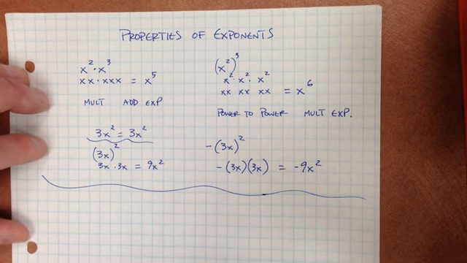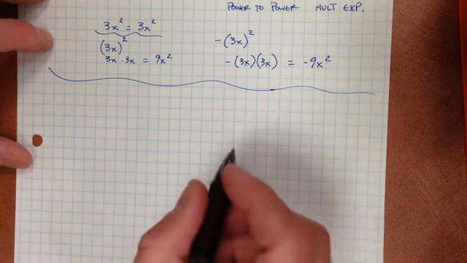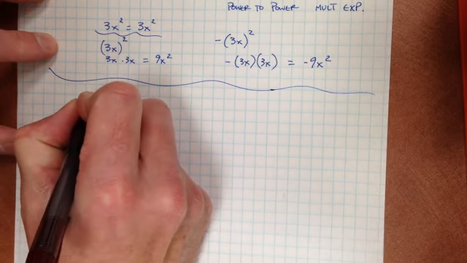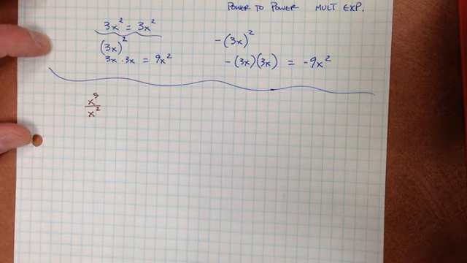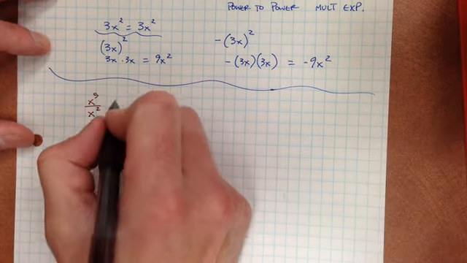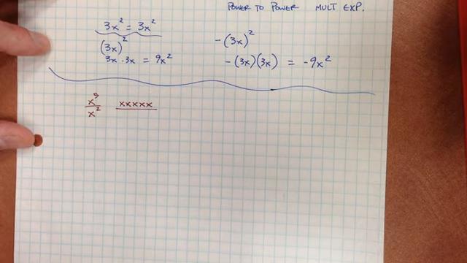Now let's take a look at some division. Saying we have, let's say, x to the fifth over x squared. Well, your top, your numerator, your denominator.